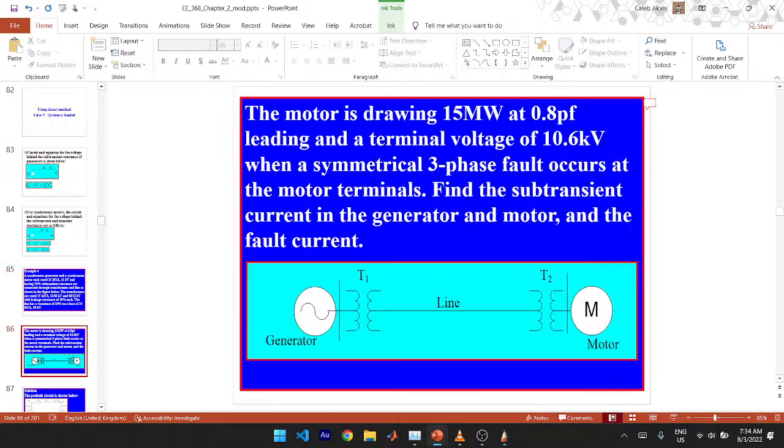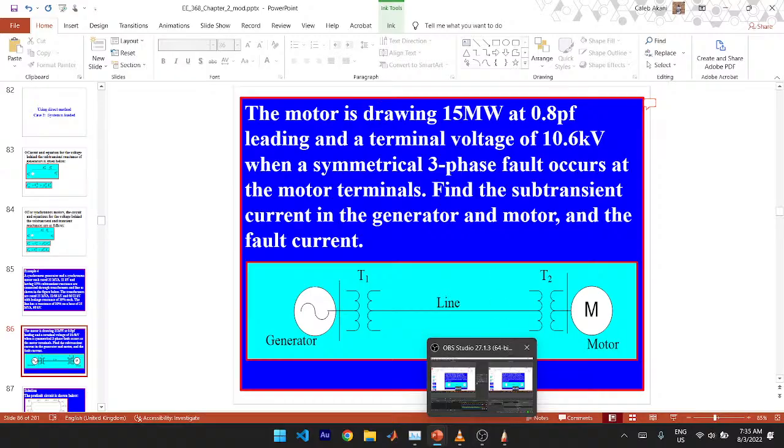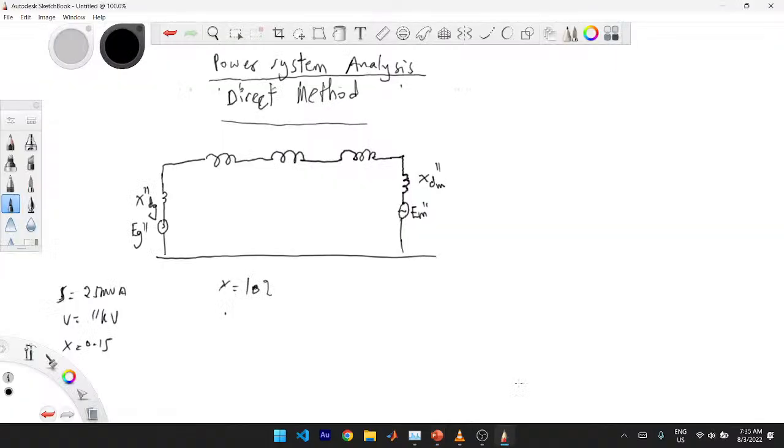The motor is drawing 15 megawatts at 0.8 power factor leading. When a symmetrical fault occurs at the motor terminal, so a symmetrical fault occurs here, this is the motor, and capital F is where the fault is.